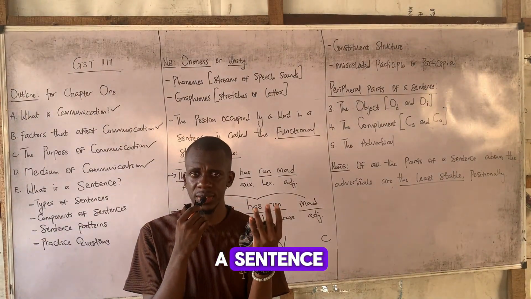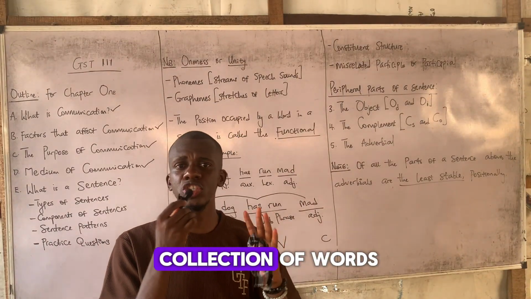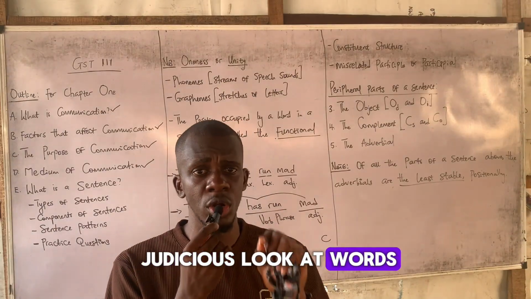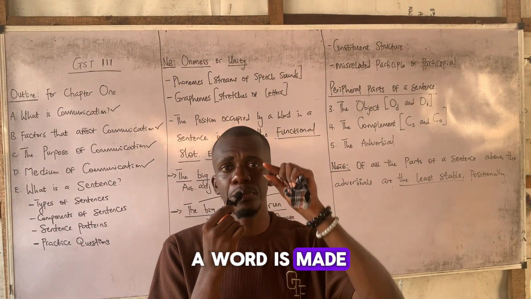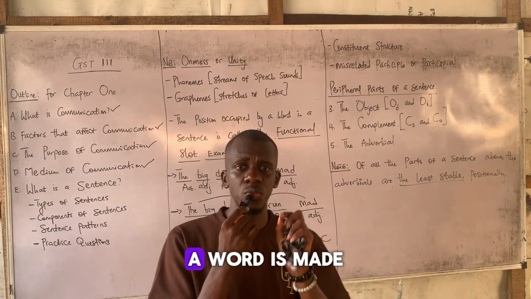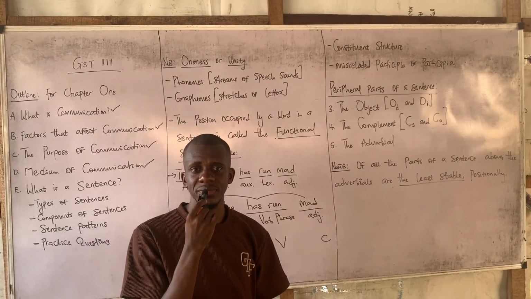That's what we call a sentence. In the simplest of forms, a sentence is a collection of words. But when you have a judicious look at words, you would realize that a word is made up of sounds and letters. That is to say, a word is made up of phonemes and graphemes.